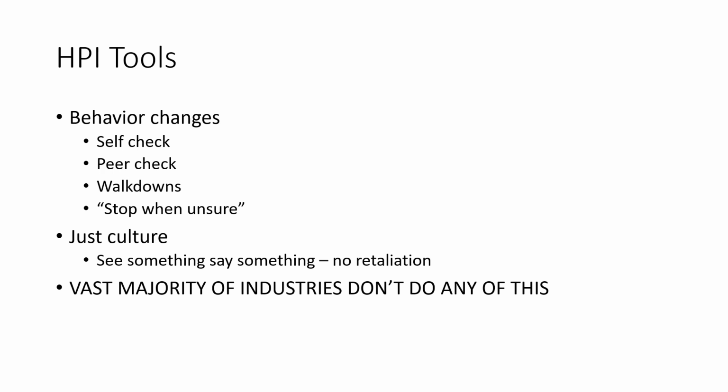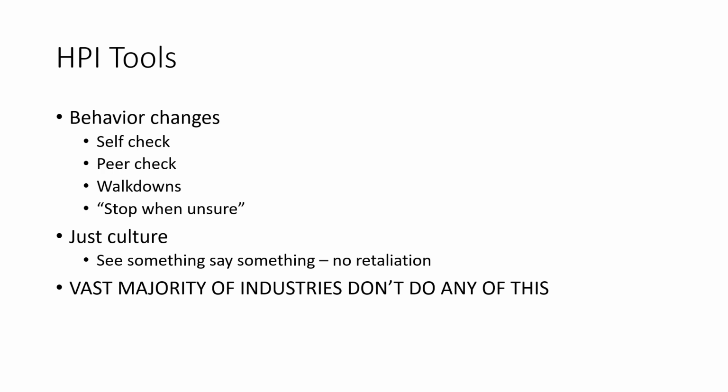We're talking about self-check, peer check. So this is checking yourself before you do something. Peer check is, if you're working with a partner on a team, you always have somebody verify what you're doing. Walk downs, this is something you might have heard about.